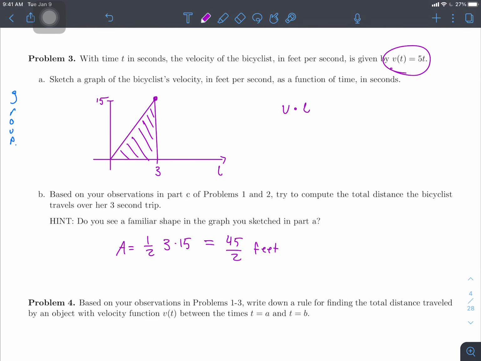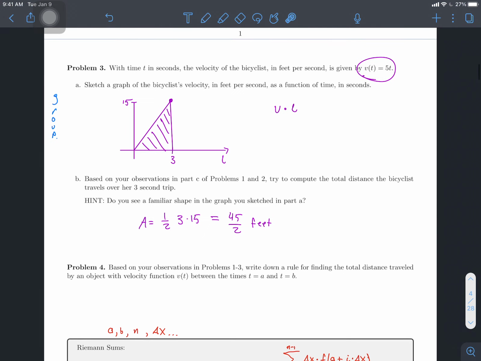So this is kind of cool, right? Now we know how to find the distance traveled even when the function is changing all the time. It just came down to finding that area. Any questions on problem number 3?